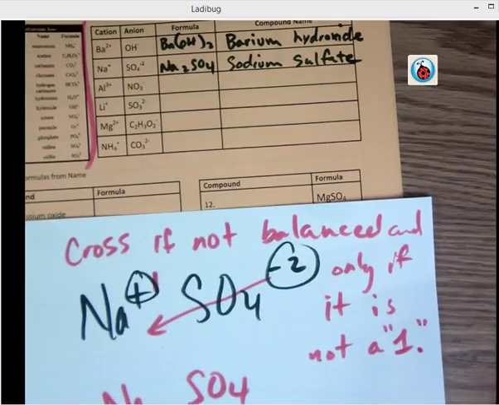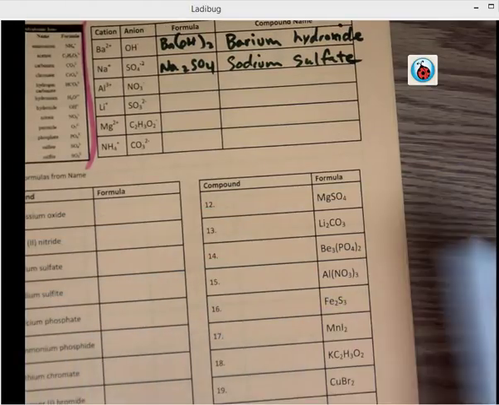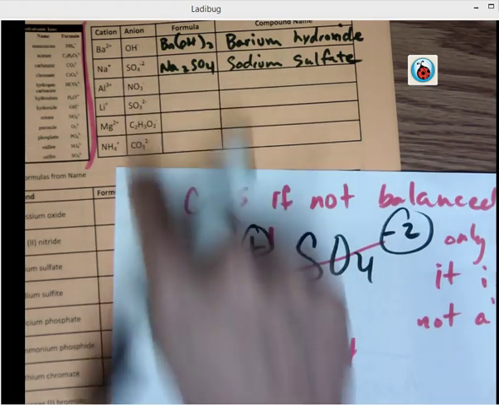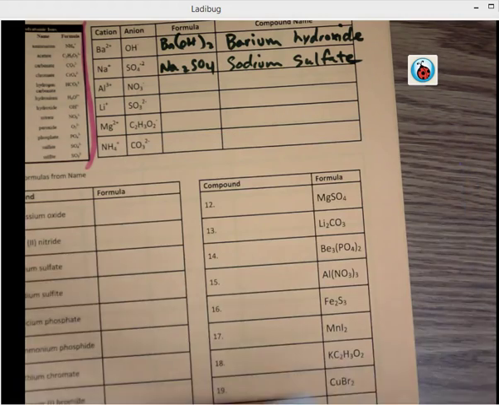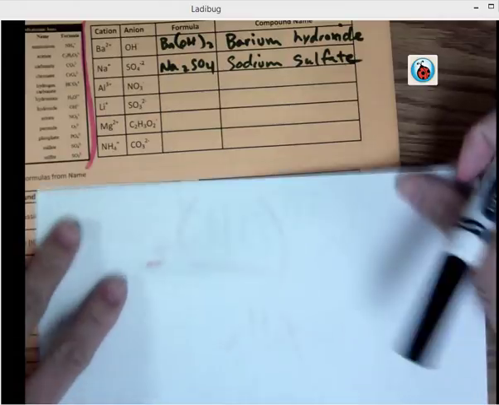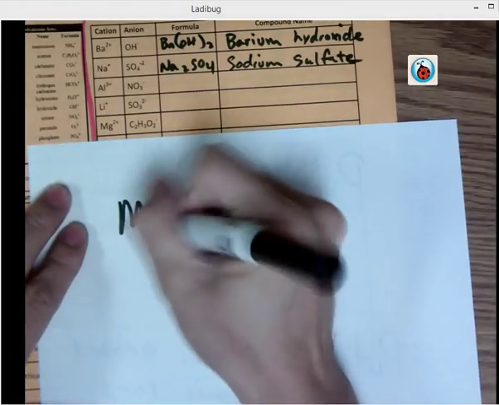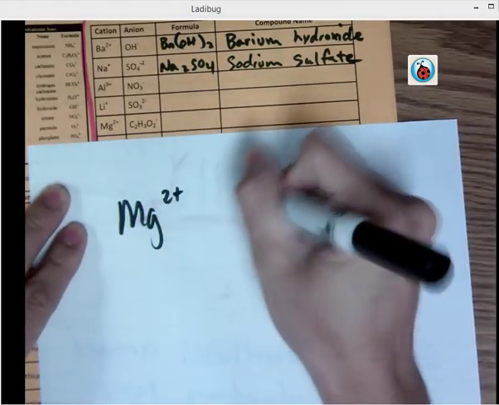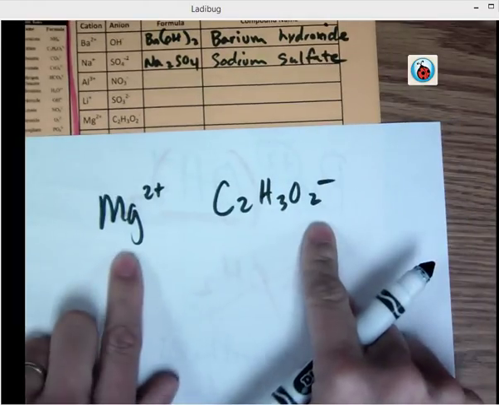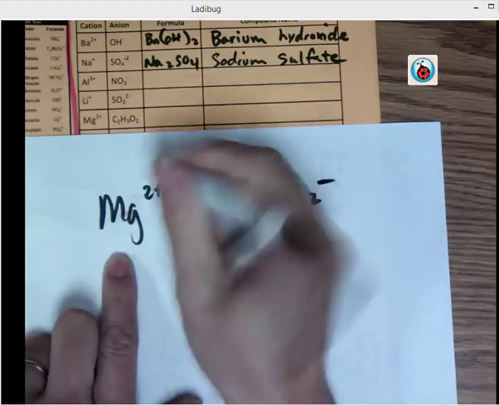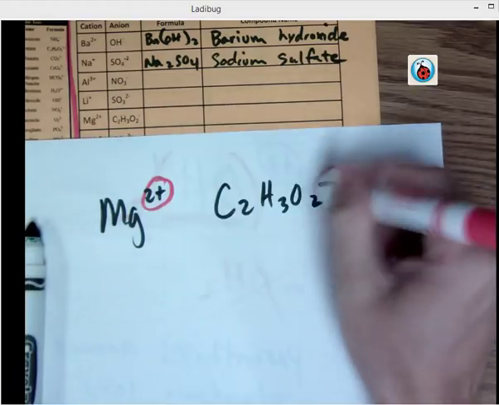All right, let's find one that's a little more challenging. Go through and do all of these. Let's look at that almost second to last one right here. Mg 2 plus, and then C2H3O2. This is an acetate ion. This is magnesium. Look at the charges, +2 and -1.